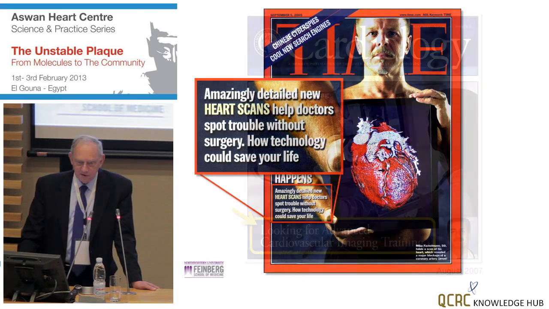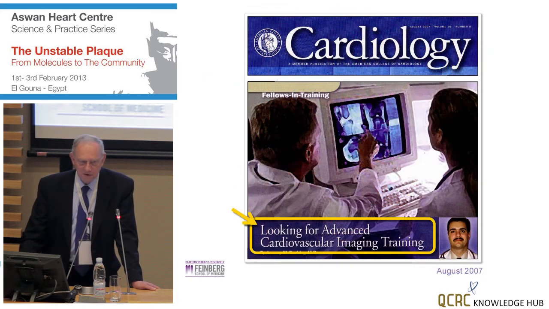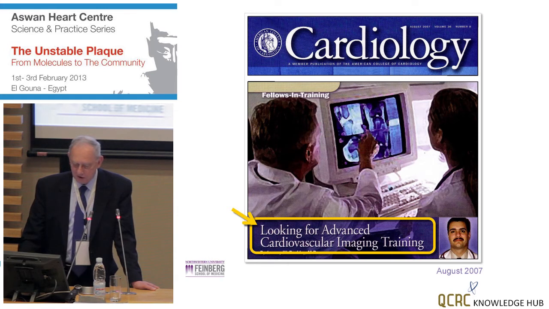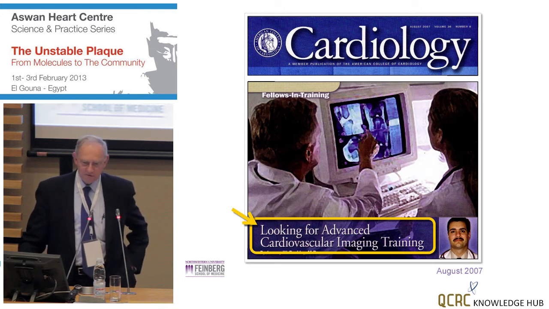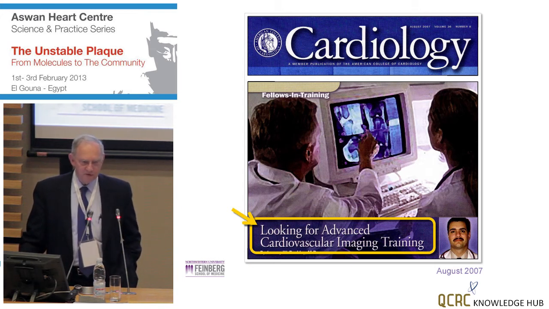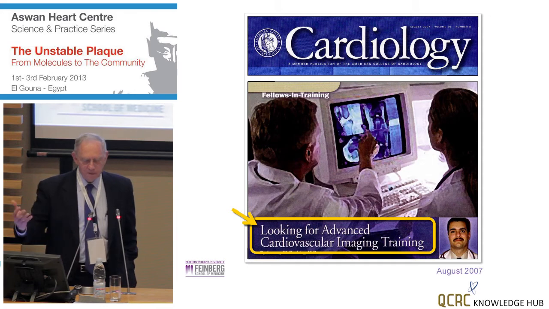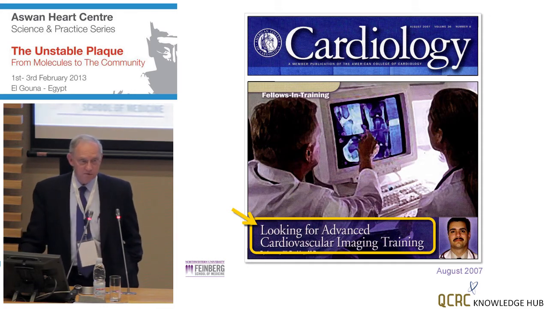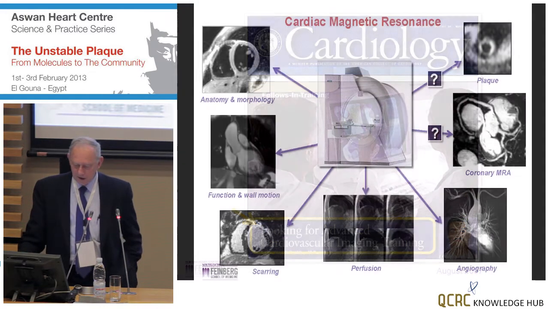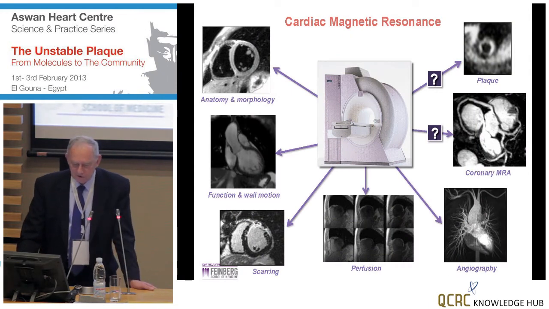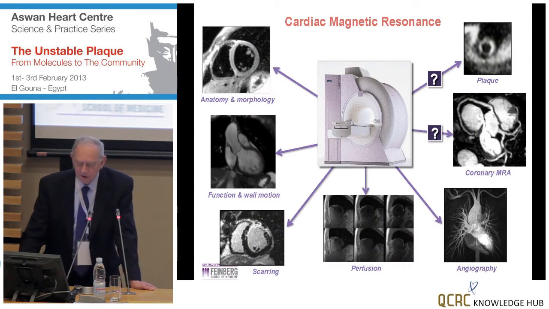Our trainees see this. This is a journal that's picked up by our cardiology fellows many times. And so a fellow in training wrote he was looking for advanced training in cardiovascular imaging because all of our fellows want to have their skill set to include CT and MRI. And MRI clearly gives us very important opportunities.